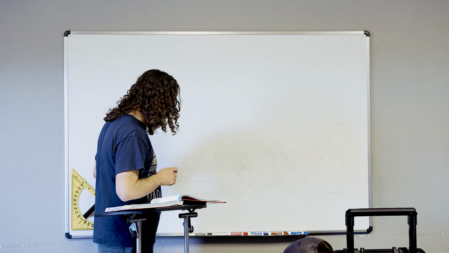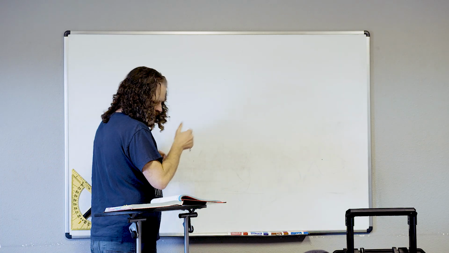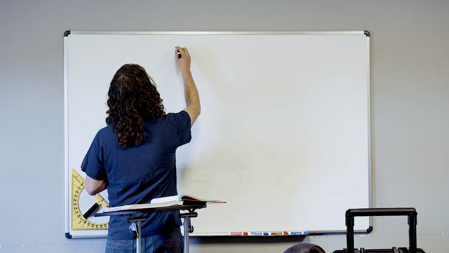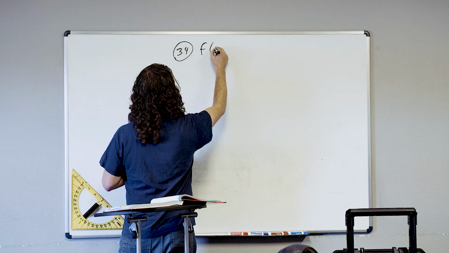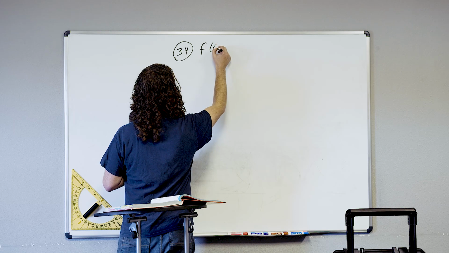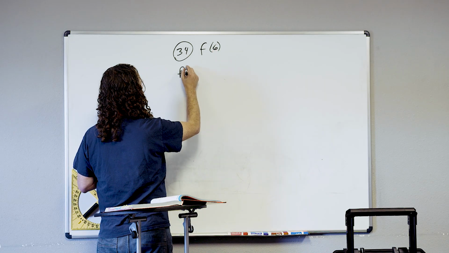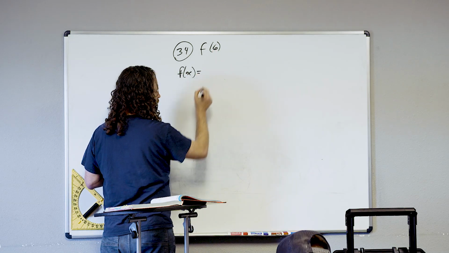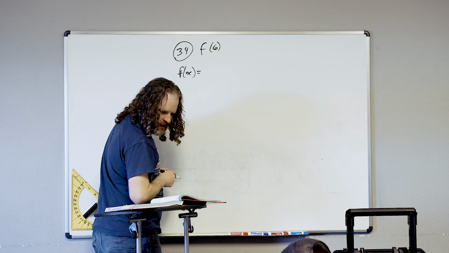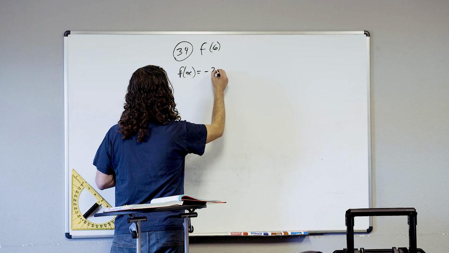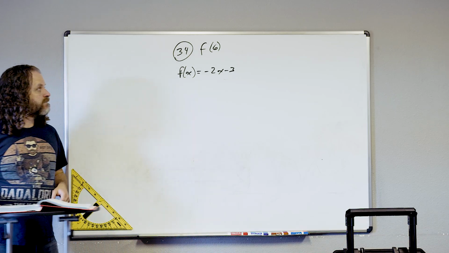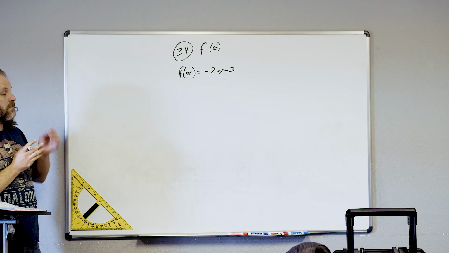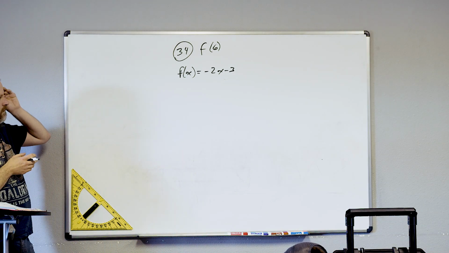34 says find f of 6. And so we would need from up at the top that f of x is -2x minus 3. So now what would we do?